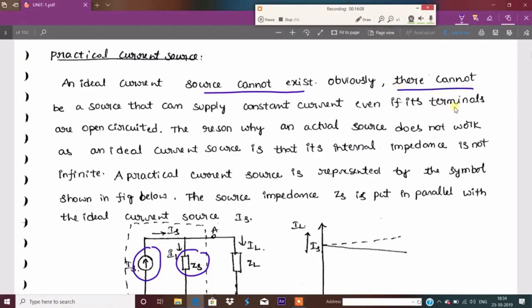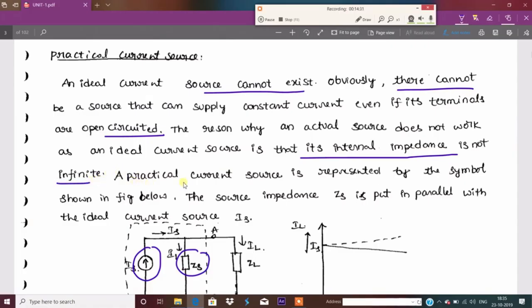Current sources can supply constant current even if the terminal voltages are open circuit. Just now I gave the example to you. The reason is that the internal impedance of an ideal current source is not infinity.